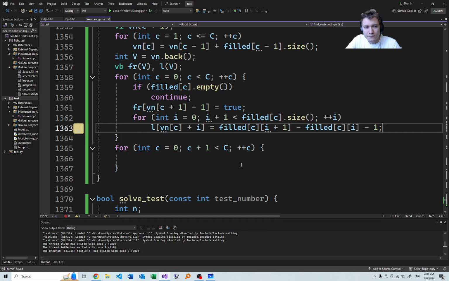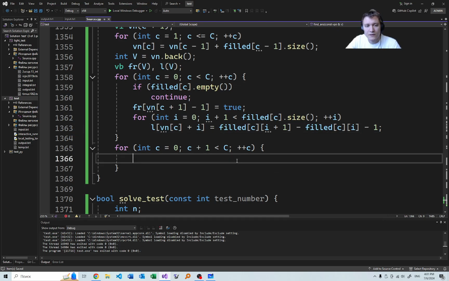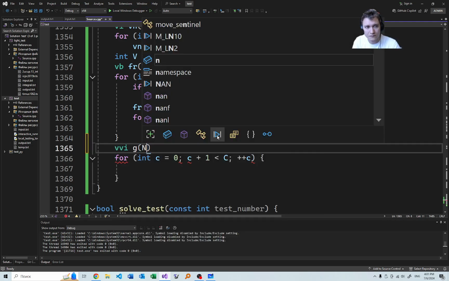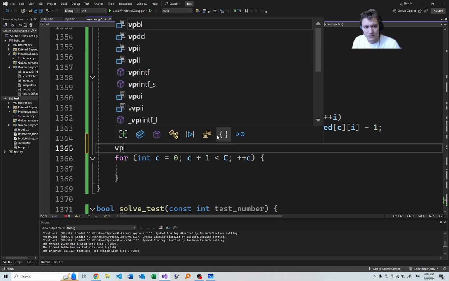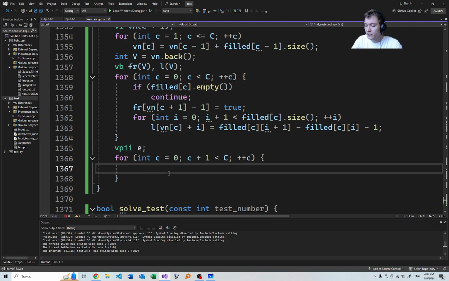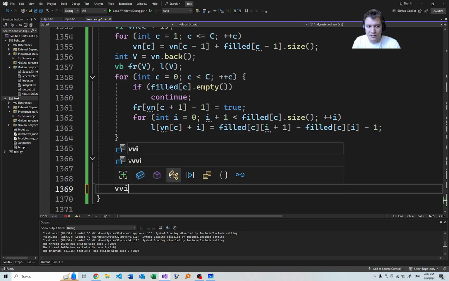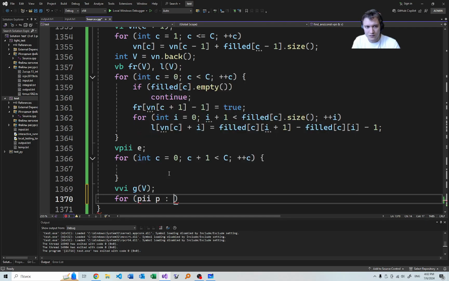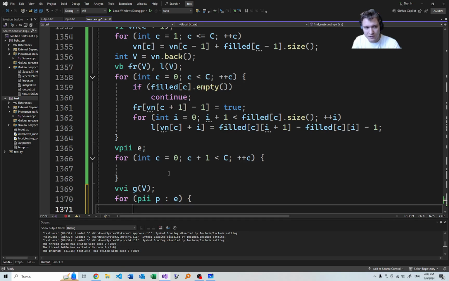Good. Now I need to create a graph. Something like edges. I need to fill it with edges. What will I do next? After that, I will say that I have vig of size v. I need to fill it with my edges.